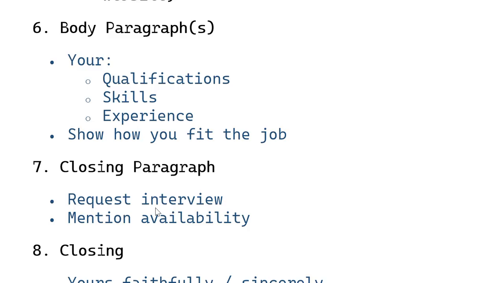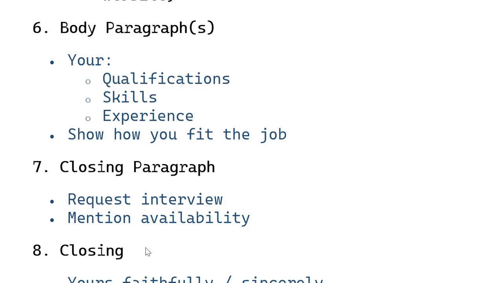You have to request an interview from your prospective employer, and he may give you a chance for an interview, and in that interview you can present yourself in a better way, and you have to mention your availability for the interview at any time.